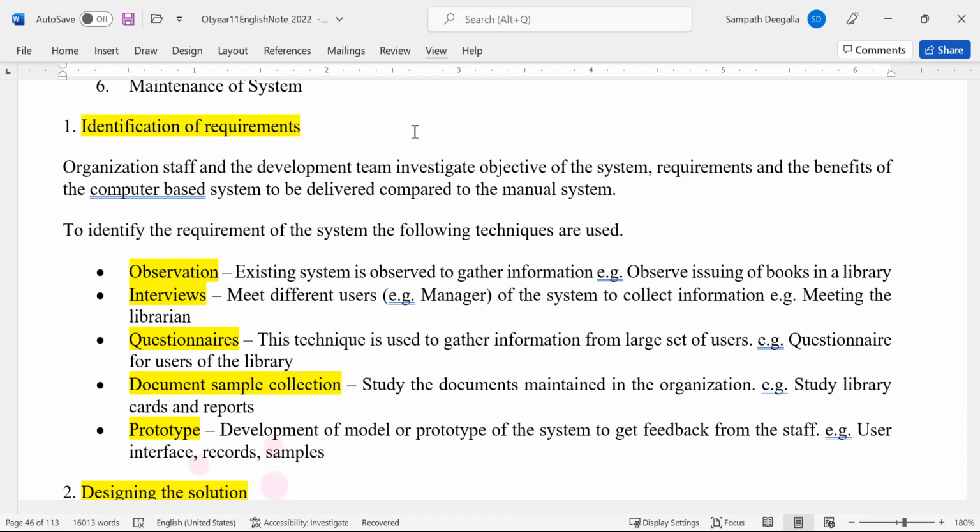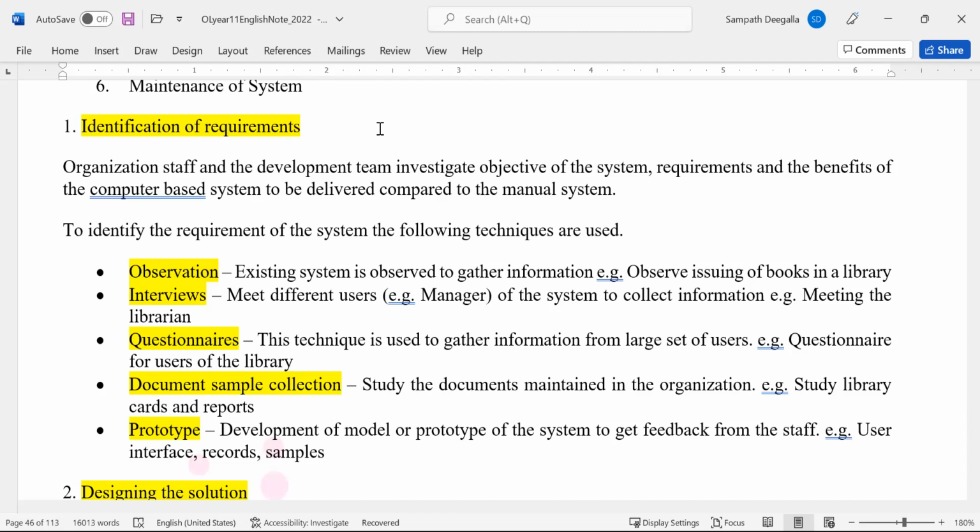And let's say you don't know what is happening, you can just observe. You can observe, okay, people come in, they search for books, they get books, they return books, they get fines and so on, right? So that's what we call observation. It's a technique we can use to gather information.